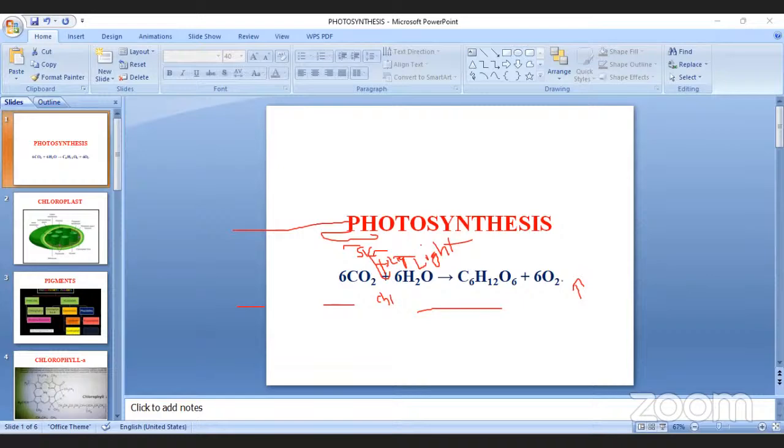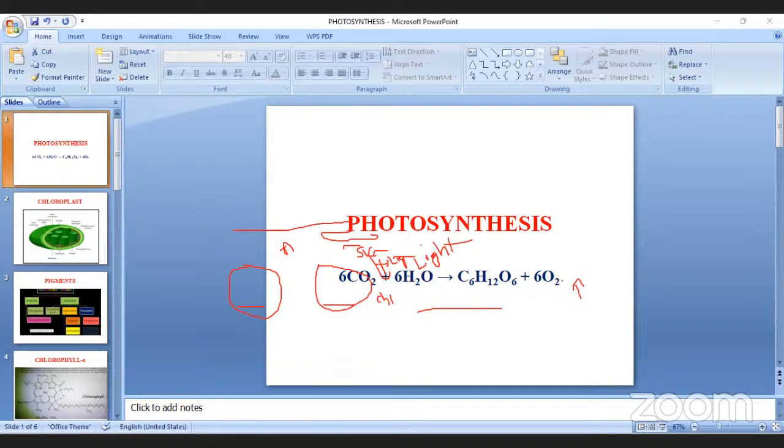In the light reaction, assimilatory power is formed in the form of ATP and NADPH. The ATP energy and NADPH energy are utilized for combining carbon dioxide and water molecules.